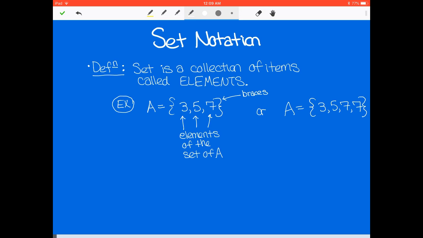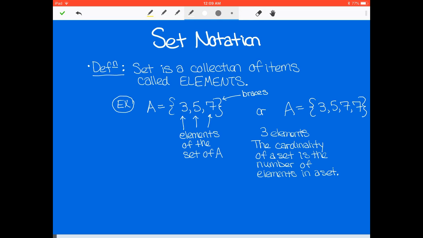Now, we could say we have 3 elements, but there's also something called cardinality. What does that mean? Let's use it in a sentence, which will help us understand what cardinality is. Cardinality of a set is the number of elements in a set.